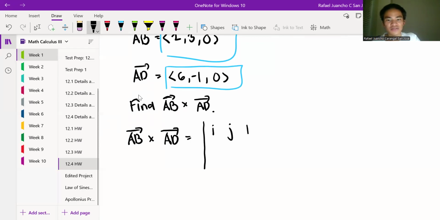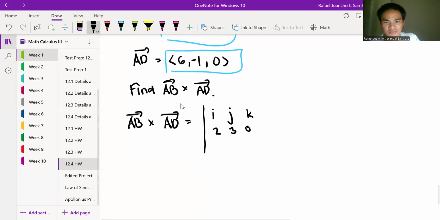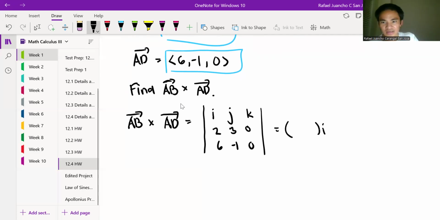So IJK 2, 3, 0, 6, -1, 0. Oops. Okay. So what do we have here? I minus J plus K. Subtract, subtract, subtract.